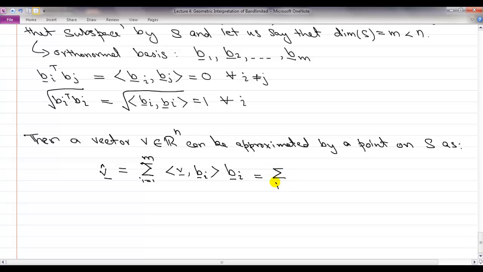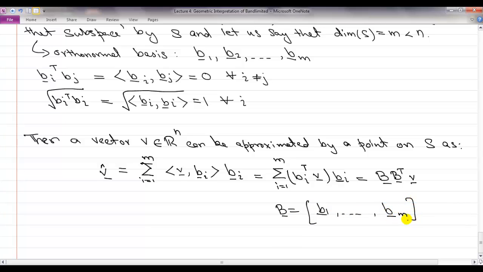Now in the case of Rn, you can of course write that as bi transpose v times bi, which is simply b times b transpose v, where this b is defined as b1 to bm. It's a matrix containing all the vectors in the basis.